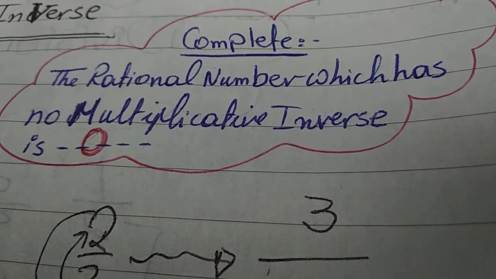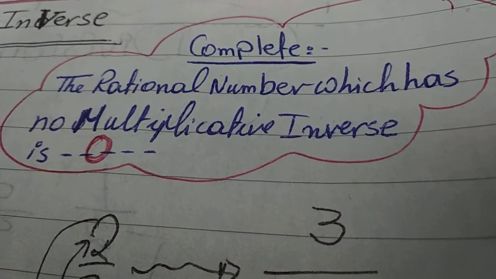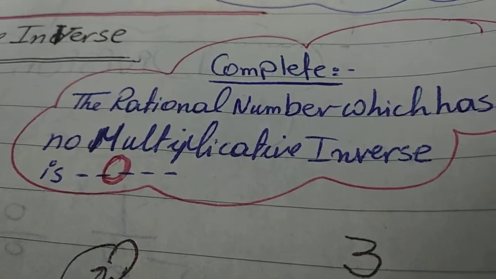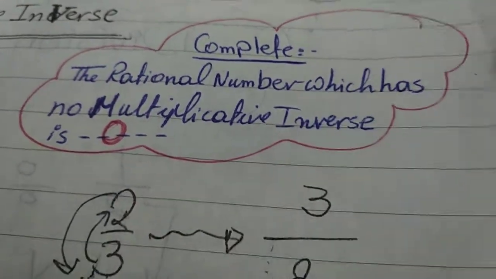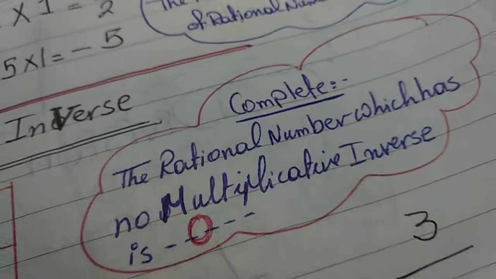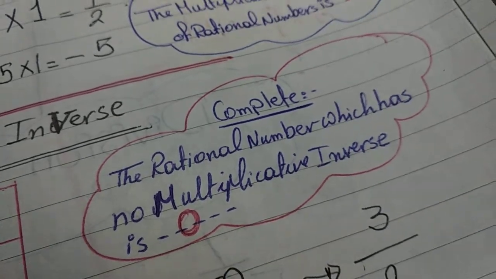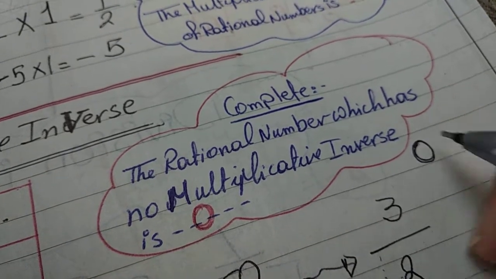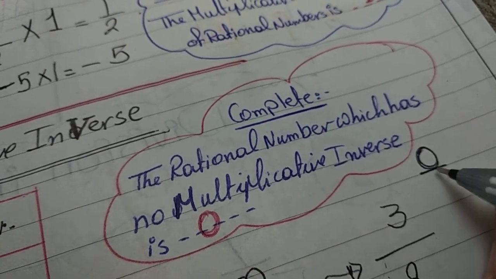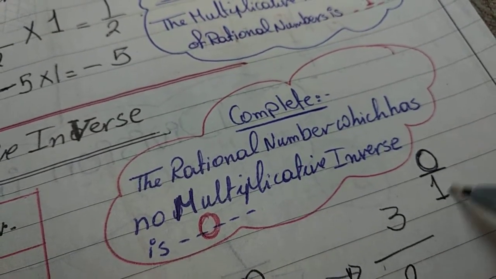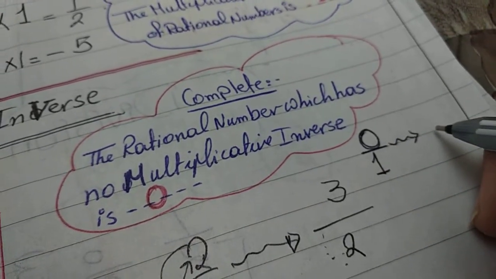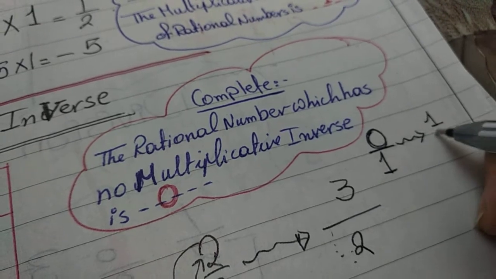The rational number which has no multiplicative inverse. Let's think. What is the number that if I change it upside down, it will be meaningless? If I write 0, okay, 0 means 0 over 1. I want to write its multiplicative inverse. It will be 1 over 0.